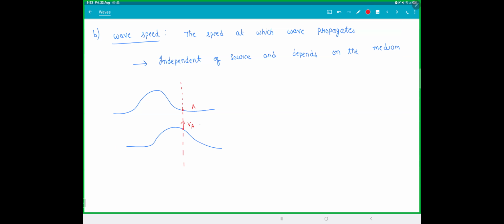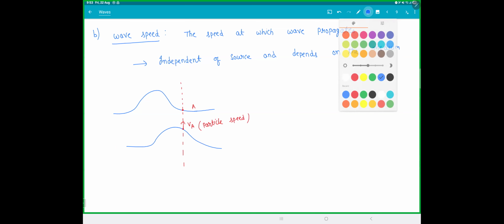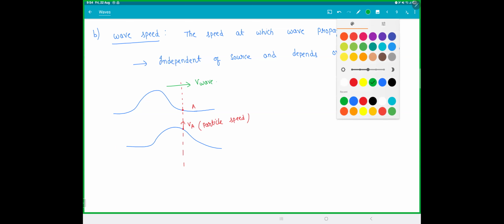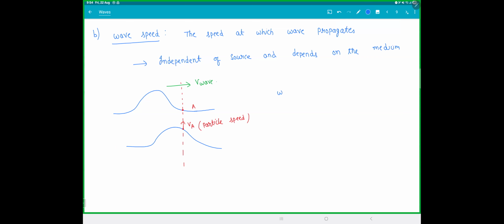This is called particle speed. So don't get confused. Particle speed is different from wave speed. Wave speed is simply how fast the wave is propagating, how fast the disturbance is traveling. Particle speed is the speed at which the particles are moving during the wave propagation. So wave speed and particle speed are two different quantities.